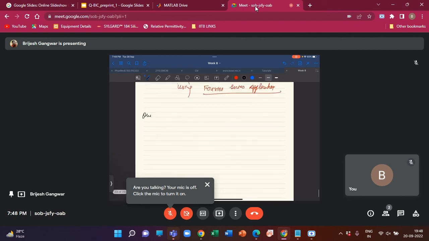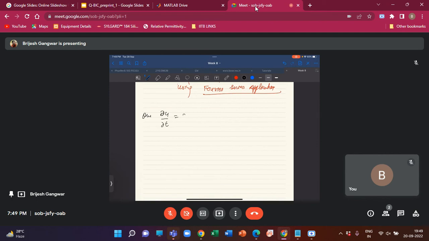For example, we have derivative u over derivative t equal to 2 derivative square u over derivative x square. Then u(0, t) equal to 10 and u(3, t) equal to 40 and u(x, 0) is 25, where u(x, t) is bounded.